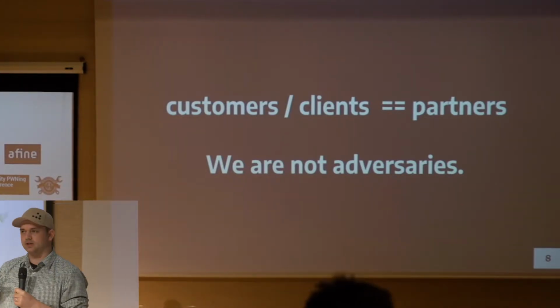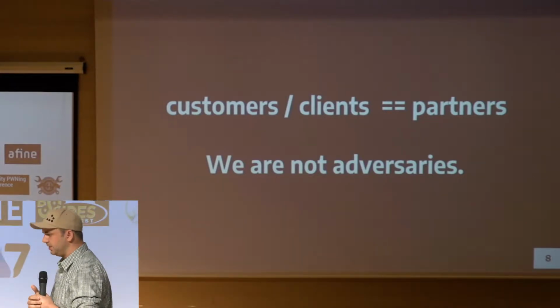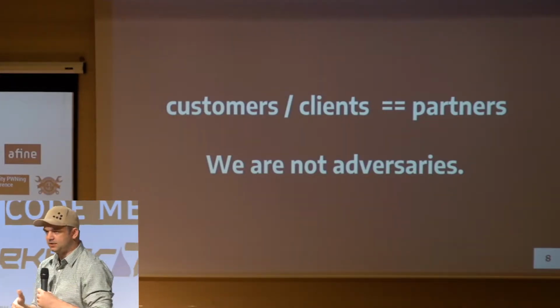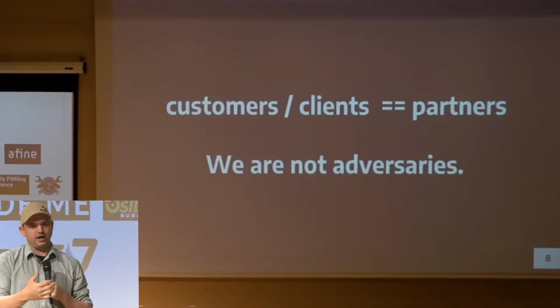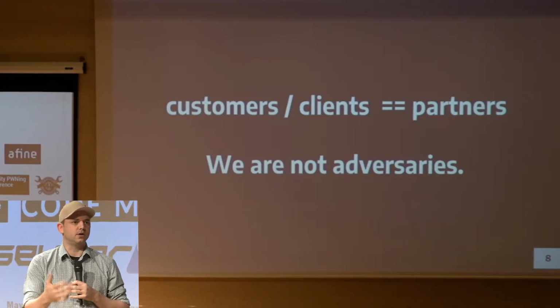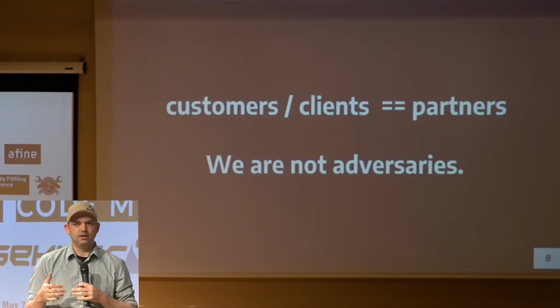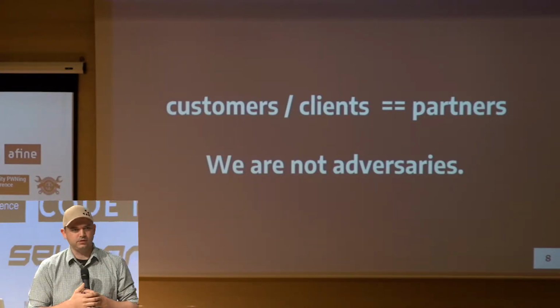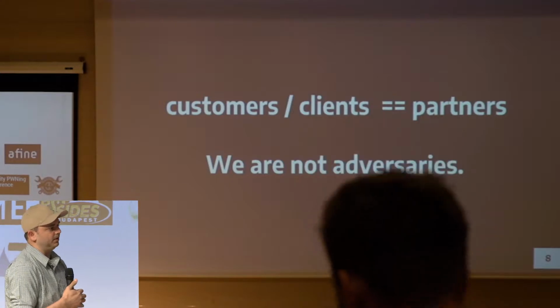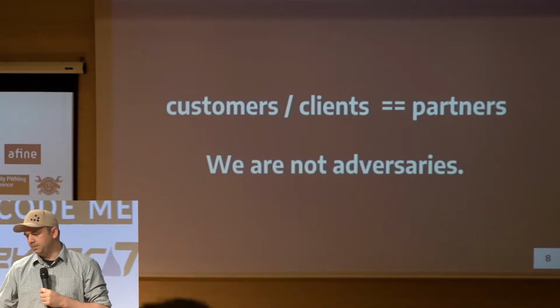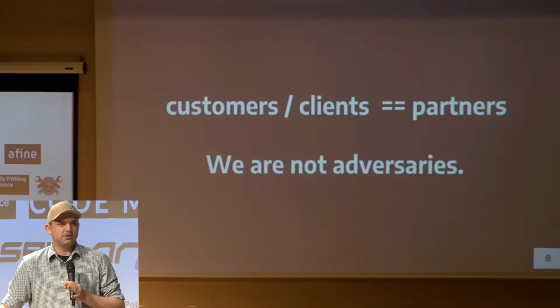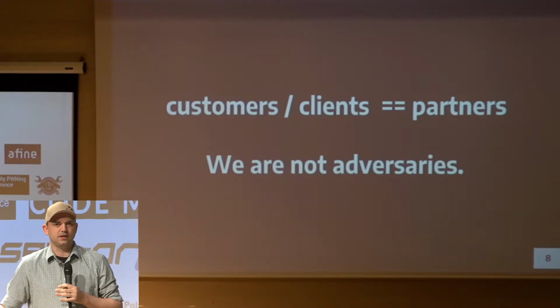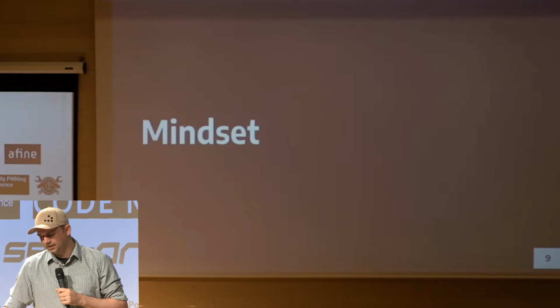In at least English, I don't know how it is in other languages, but customers and clients, they get a certain feeling about how you're supposed to interact with them, more like a used car salesman type scenario than an actual partnership. And that's what red teaming and pen testing really need to be. So we call them partners. That way we're not adversaries. If you call them clients or customers, it really sets that in a bad light.